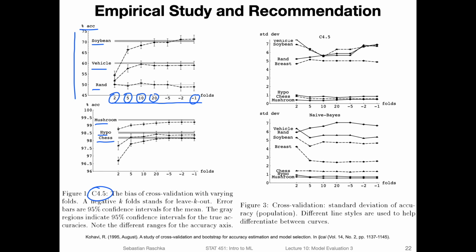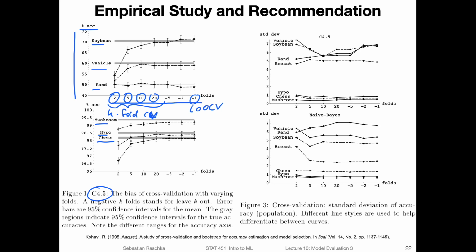And if you have negative numbers, that means how many data points were not used for training. So here this one would be leave one out cross-validation, -1. So 1 data point is left out. This corresponds to the number of data points left out, whereas this one is the k in k-fold cross-validation here.